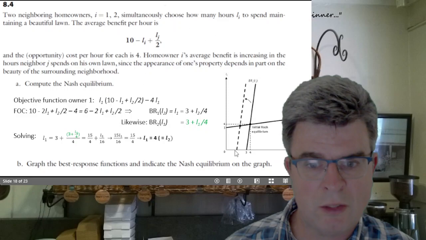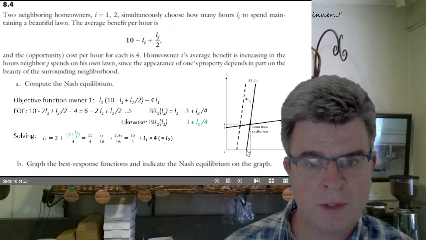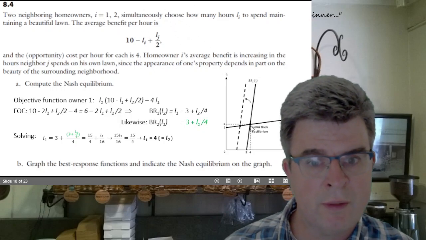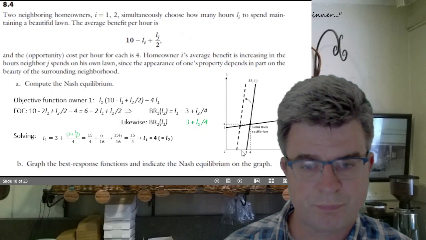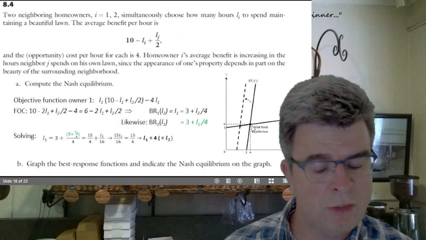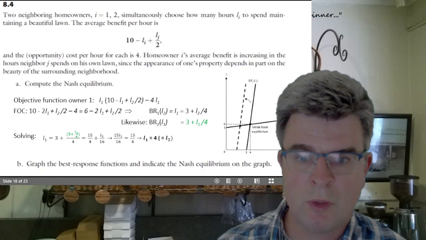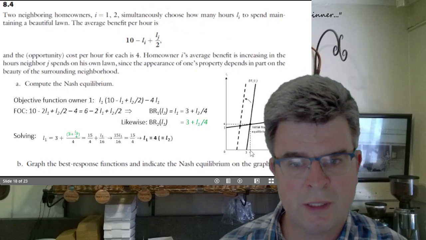Also, if neighbor 2 spends 0 hours, neighbor 1 will find it optimal to spend 3 hours in the garden. And also his optimal level of effort is increasing in the effort level of neighbor 2. And then we get one point of intersection of the best response functions, and this is our Nash equilibrium, where both neighbors spend 4 hours in the garden.